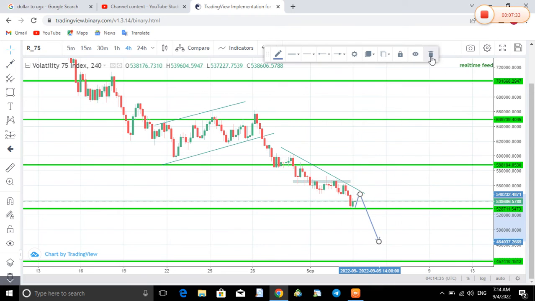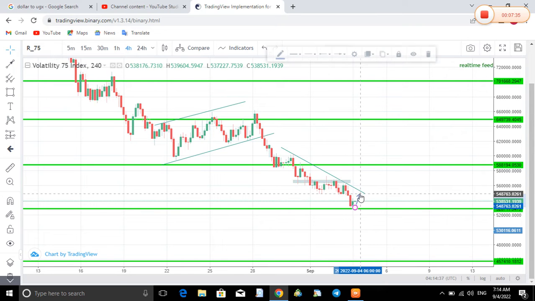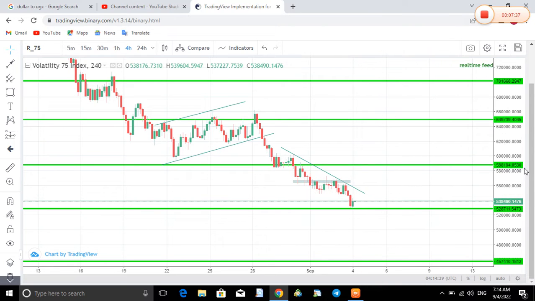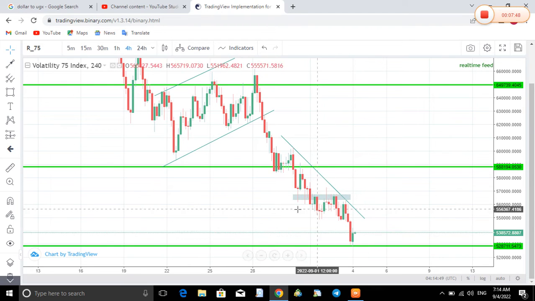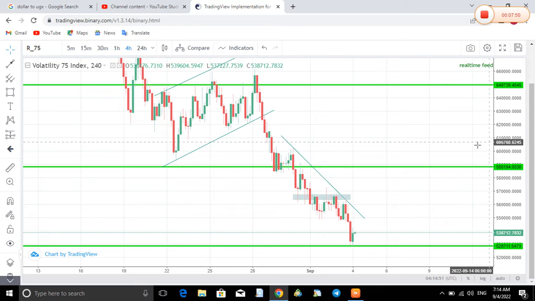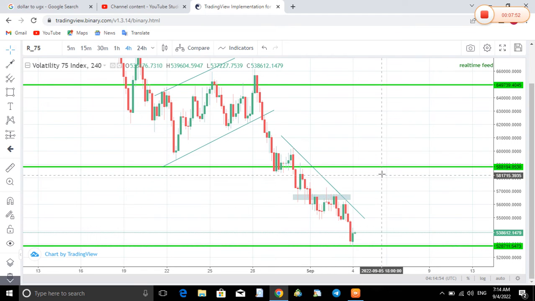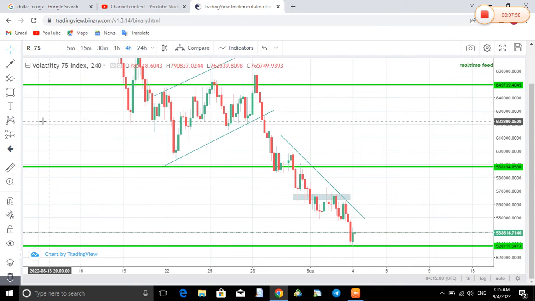If 75 respects this resistance level and doesn't break it, you will see it pushing back to the downside, and when it comes back, it might either make a double bottom and continue pushing to the upside, or make another consolidation and push the price to the downside.